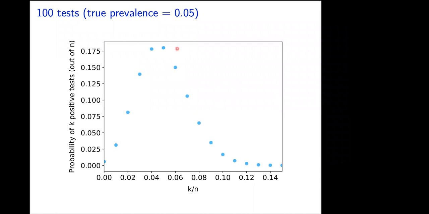When we're looking at this, we might end up sampling something that looks like this. If you're looking at 100 tests, and let's say that 5% of those tests should be positive, then we're looking at this curve that's kind of skewed.